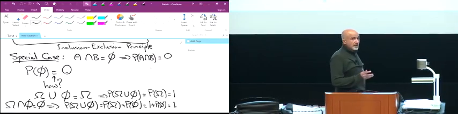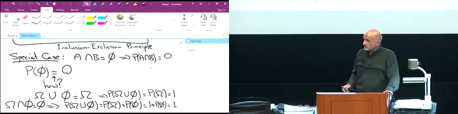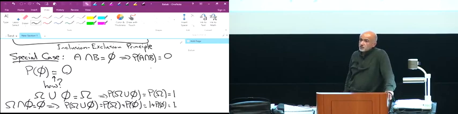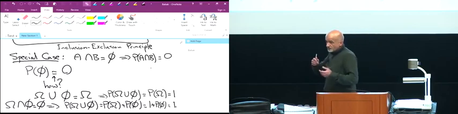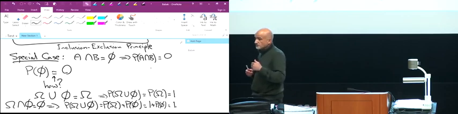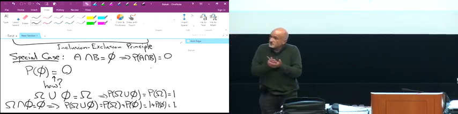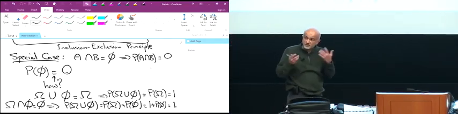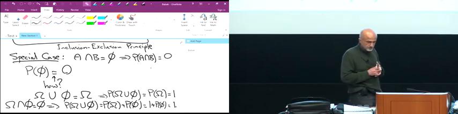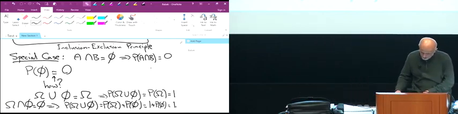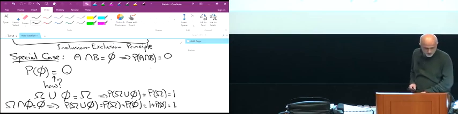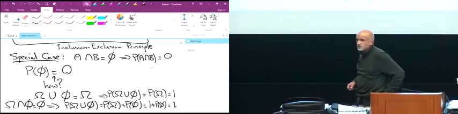So I don't add P of phi equals 0 as an axiom. You can rearrange axioms, so you might come up with a different set of axioms. As long as it's a minimal set and you can derive everything else from it, you have a valid set of axioms. Okay? All right. Let's take a two-minute break, and then we'll start conditional probability.